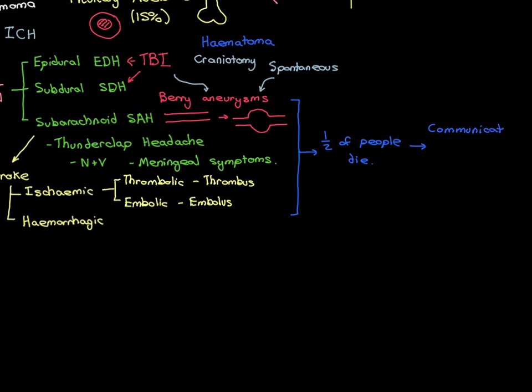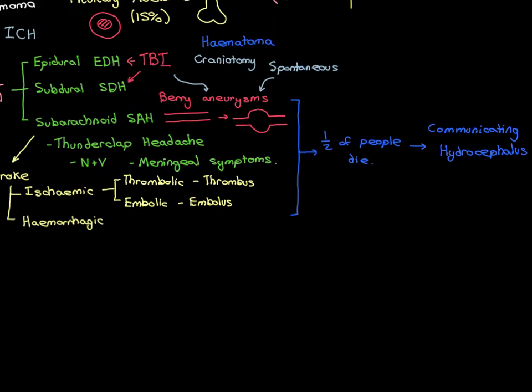So I'll write this down here. A communicating hydrocephalus, which is where there is a problem with the resorption of CSF by the arachnoid granulations, and it's because of all the blood that is now present in the subarachnoid space. So the question is, how are we going to stop this causing intracranial pressure going up and up and up, and therefore developing worse and worse intracranial hypertension?